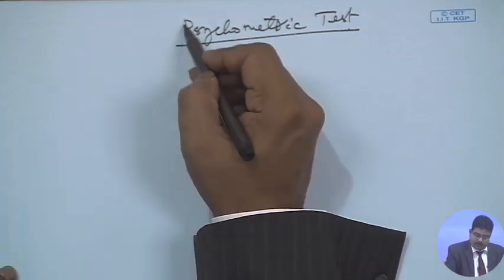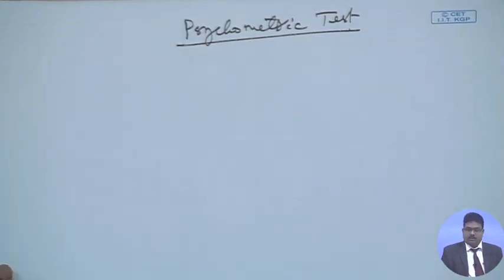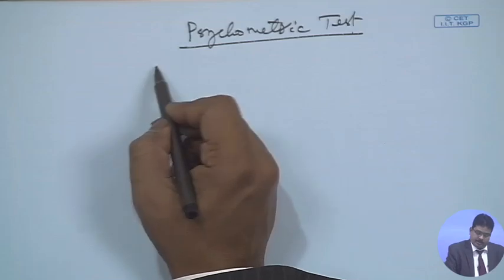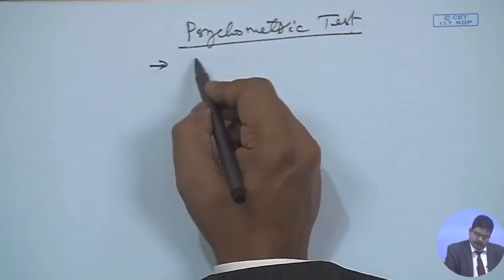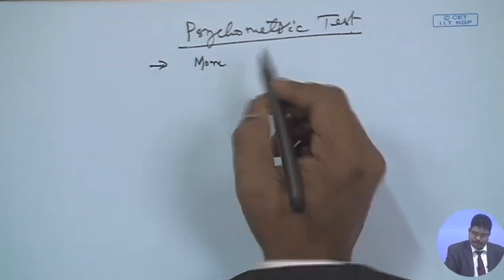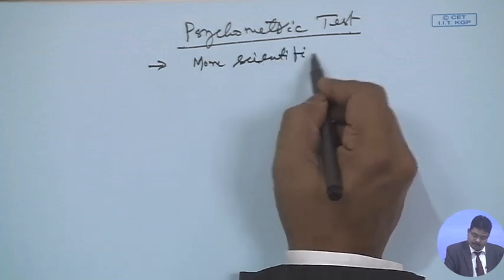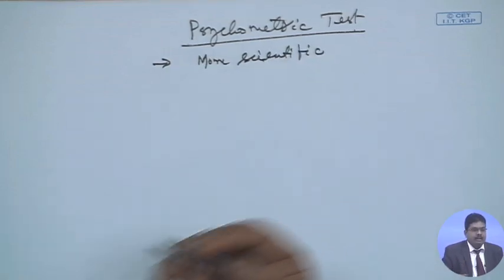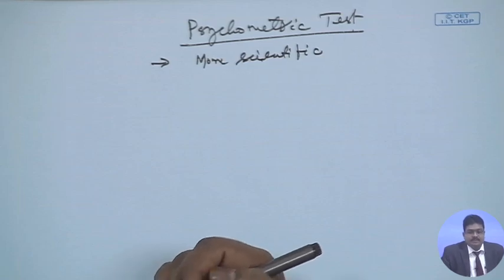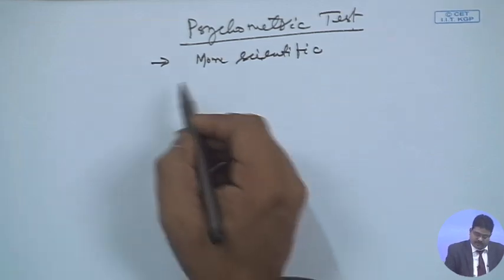So, why is the psychometric test preferred over the projective test? Because it is more scientific in nature, we can quantify, but in the projective test it is very difficult to quantify the responses.